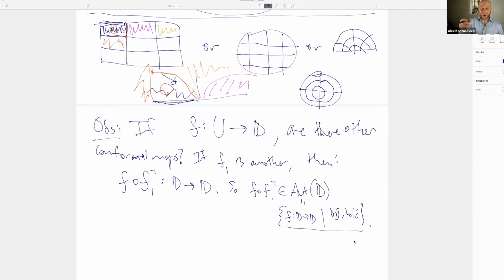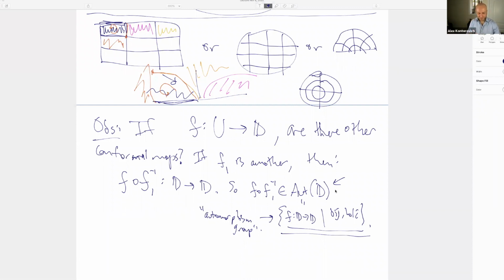And you can compose two because they have the same domain and range, and they're all bijections. Okay, so this forms a group. This is the automorphism group.